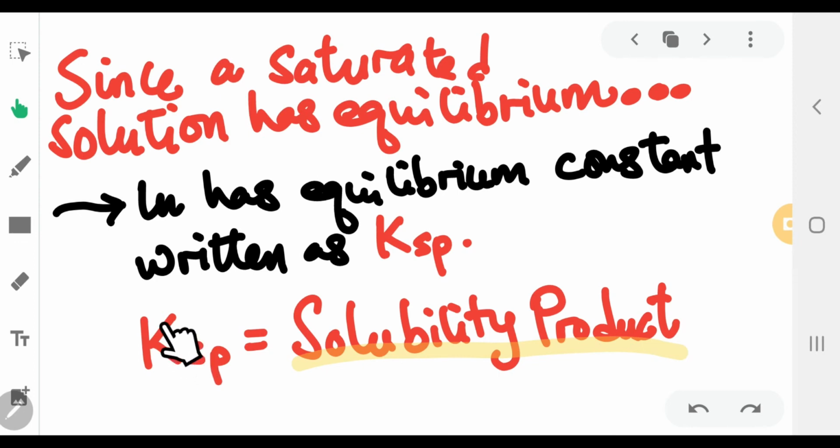Now, if you recall the equilibrium constants that we have learned before we reach this point of the semester, to write K is simply the products over the reactants: the concentration of products to the power of a certain number over the concentration of the reactants to the power of a certain number. So it's the same way of writing Ksp.